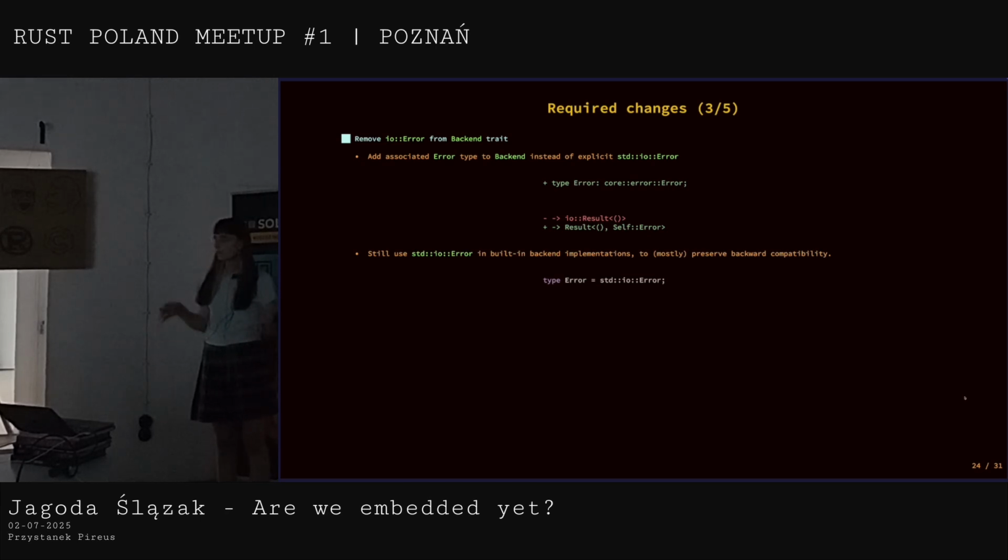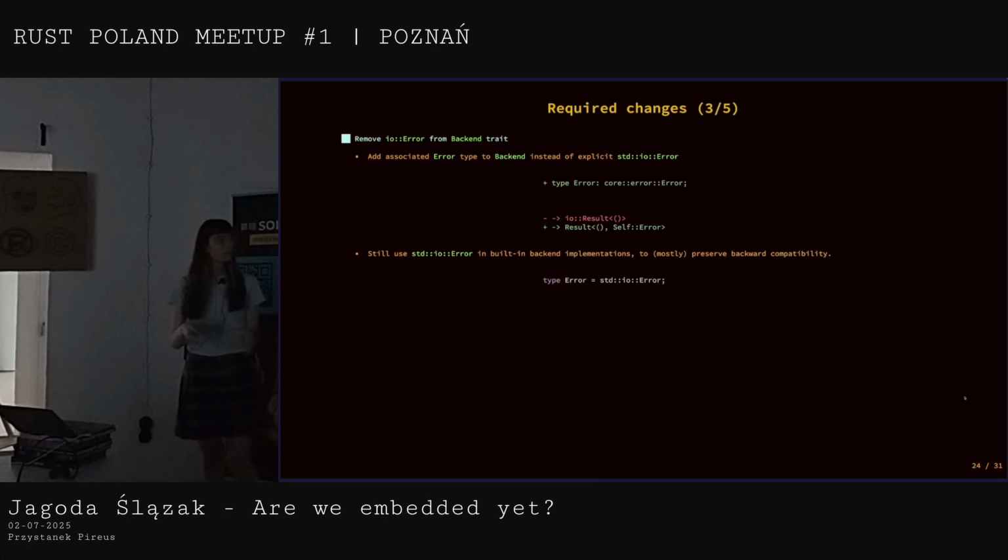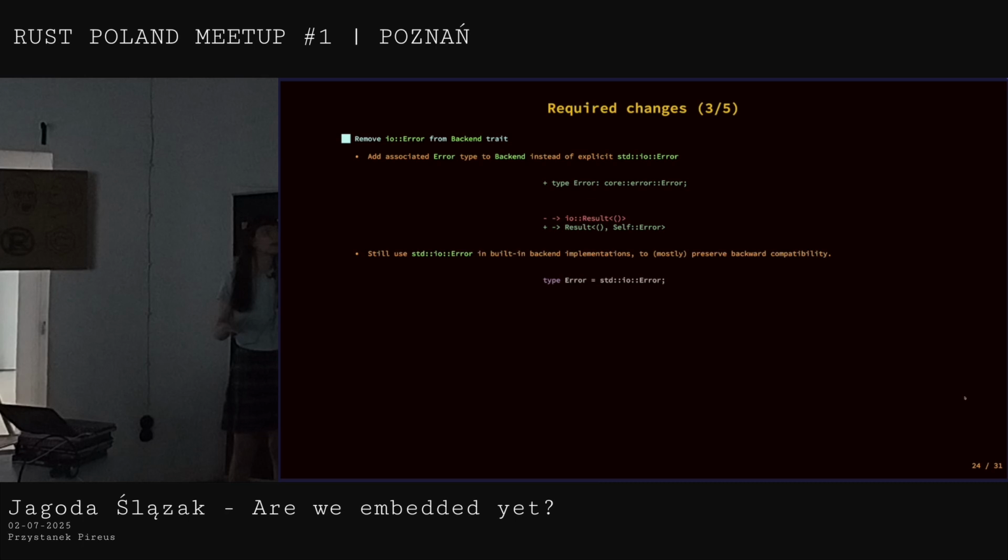So it's still backwards compatible as long as you are using the built-in backends. But if you are making custom backends, then you can put any of your own type there, making it no-std compatible.